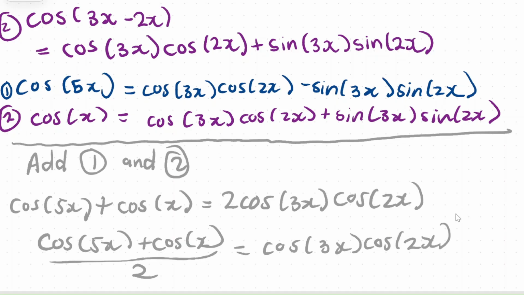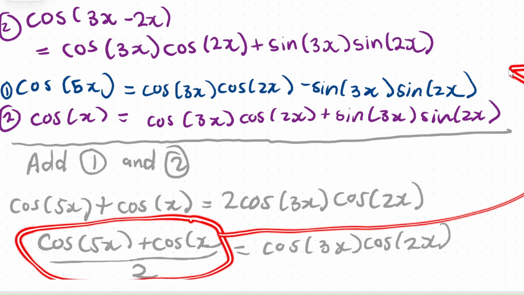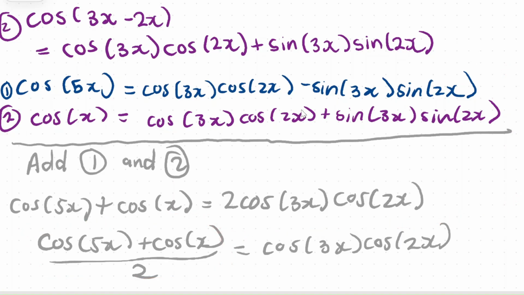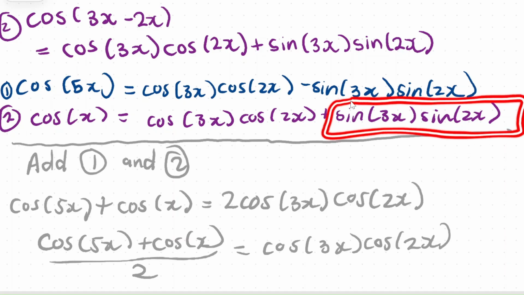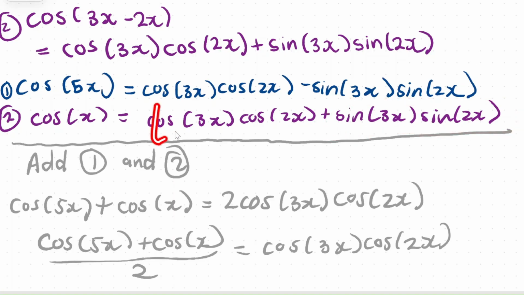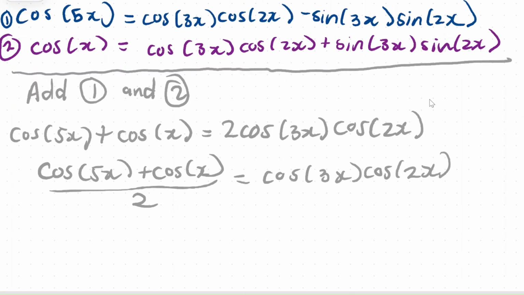And we can substitute this into any one. We can substitute it into 1 or into 2. Since we are trying to make sine 3 of x multiplied by sine 2 of x the subject of the formula, I'm going to substitute it into number 2 just because it would make everything way easier. But even if you were to substitute it into 1, it would still be okay.